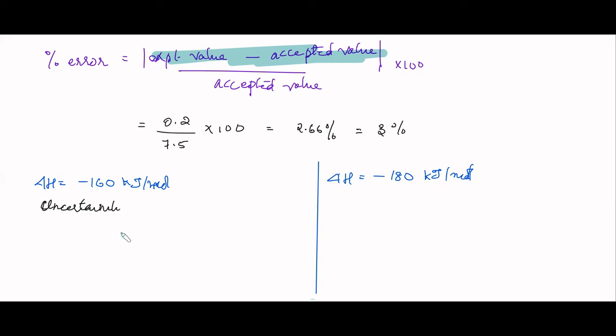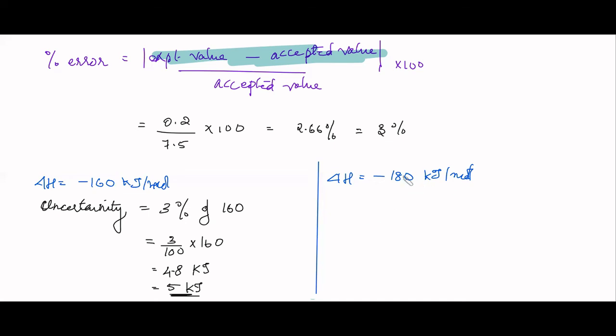Uncertainty is equal to 3% of 160. We did not have to consider the sign, so that will be 3 over 100 times 160, which gives me 4.8 kilojoules, which I can round off to 5 kilojoules.